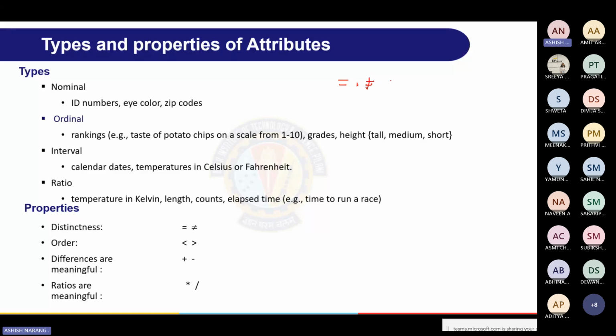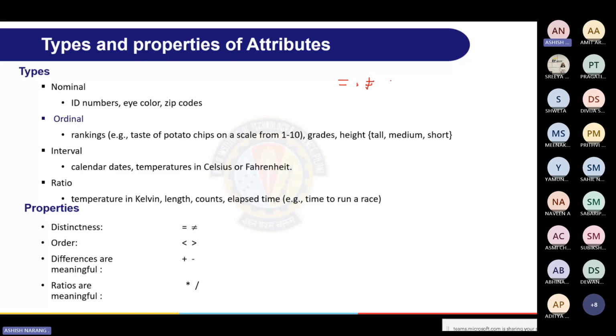Does it make sense? If you add two grades, A and A minus, it does not make sense, right? And you cannot add two heights, right? Tall plus tall does not make sense. Tall is less than medium, tall is greater than medium, we know. Medium is greater than short, we know, right? If I look at sizes, small is less than medium, medium is less than large, we know. But what is the difference between them, we don't know.